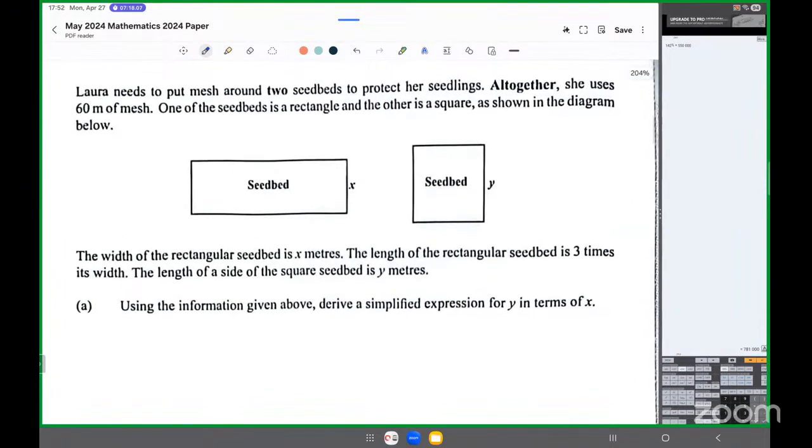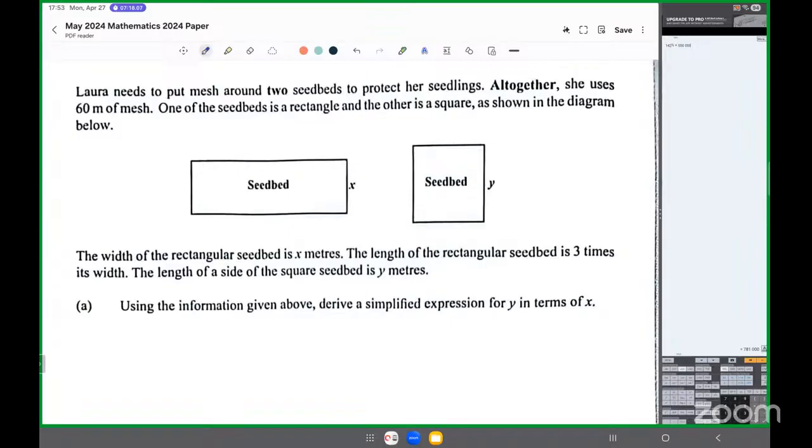This question says Laura needs to put mesh around 2 seed beds to protect them. Altogether, she uses 60 meters of mesh. One of the seed beds is a rectangle and the other is a square, as shown in the diagram below.